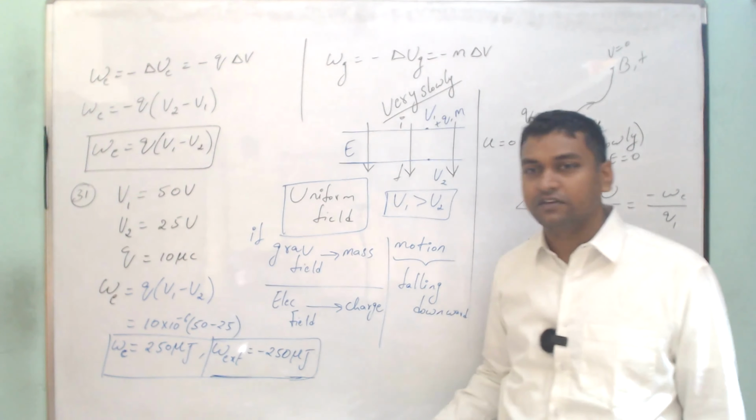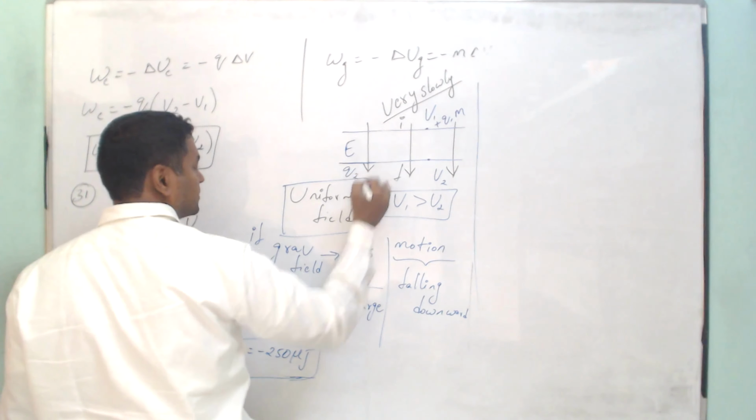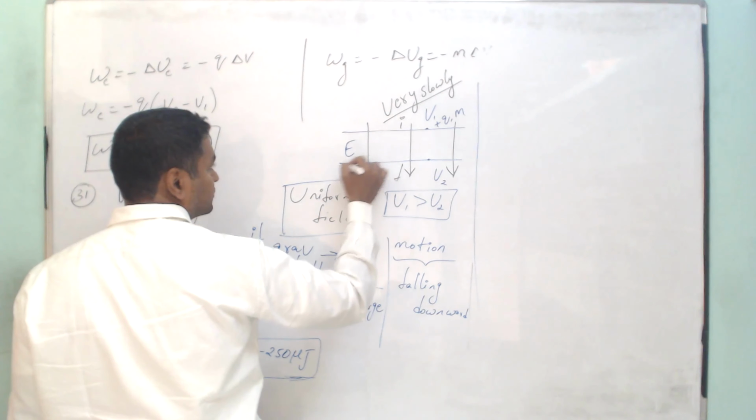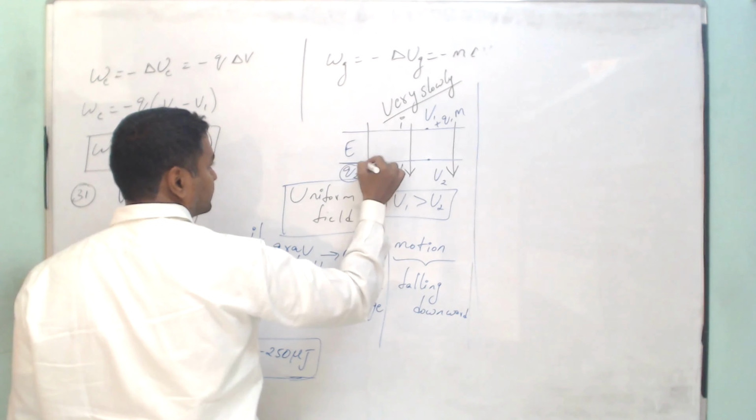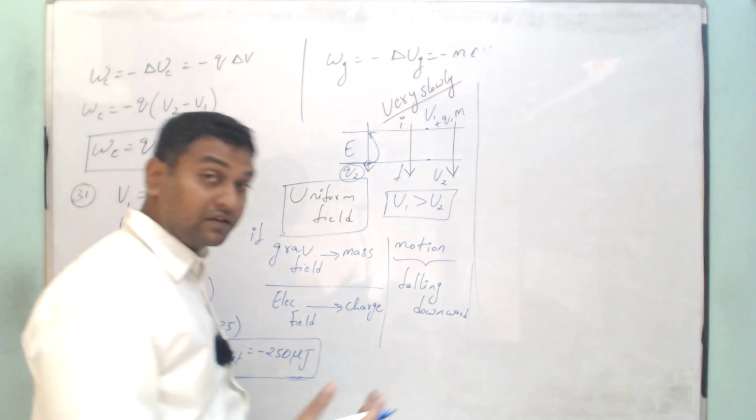In the same example, suppose there is another test charge, let's say a Q2 test charge, but I am taking this Q2 test charge from this point to this point. Obviously, I will have to take it.